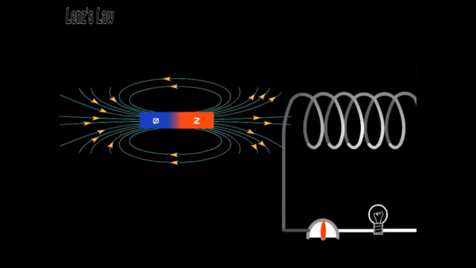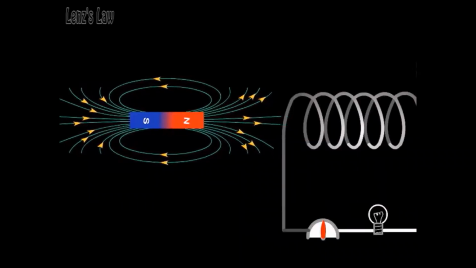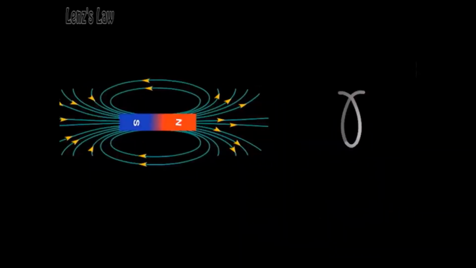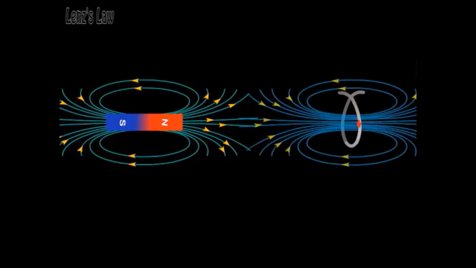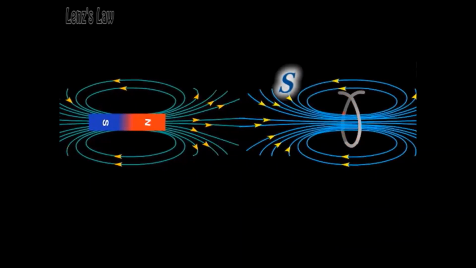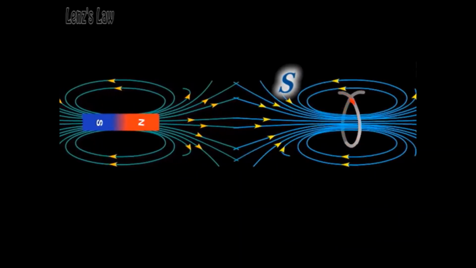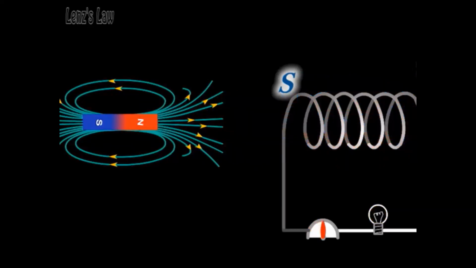The current in the loop is zero. Now, when the magnet is pulled away from the solenoid, there is a changing magnetic field in the loops of the solenoid. This induces current in the loop. However, this time, the loop has a south pole generated, which attracts the magnet and opposes the motion of the magnet away from the solenoid. The induced current is therefore in the opposite direction.